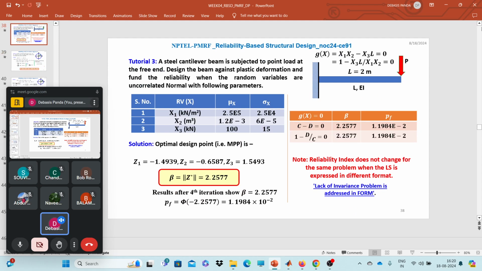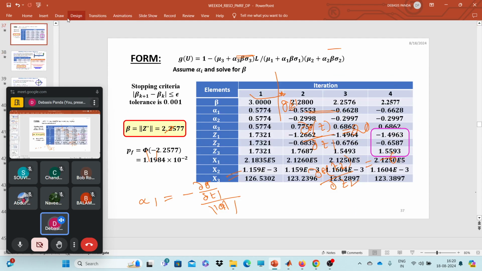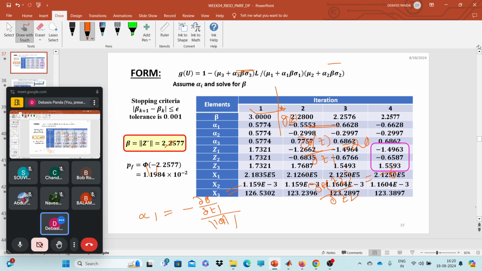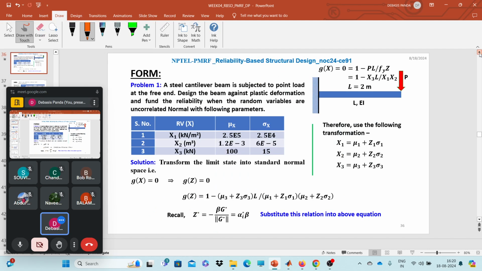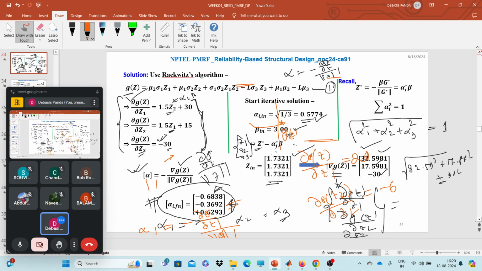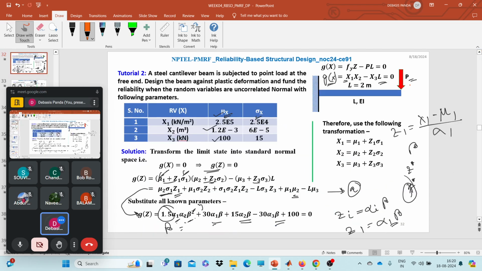Okay, now let's quickly go to our main problem, how we can code it and solve it. That should be our main task. So just stick to that problem. We have solved the cantilever beam problem, and we have seen the Rackwitz algorithm, how to solve it.